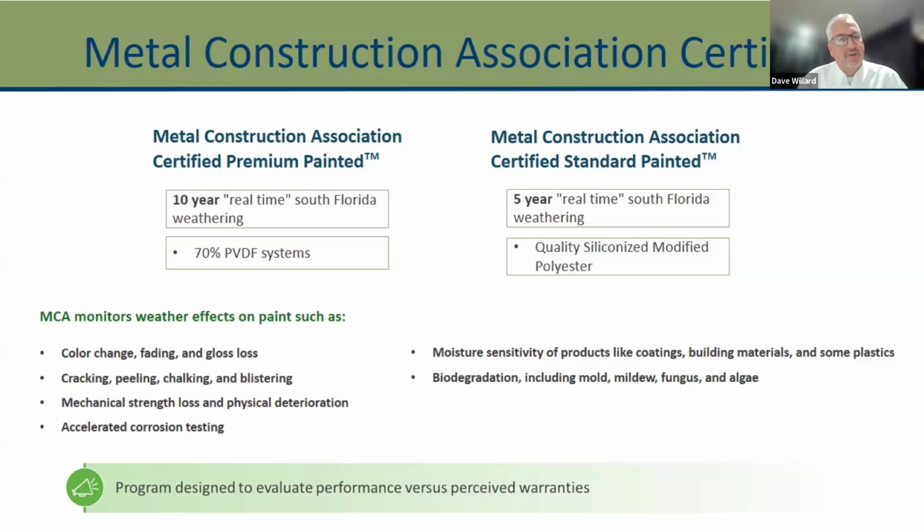If you remember, paint finishes sometimes have that chalking and blistering. Why does that happen and what causes it? They look at moisture sensitivity, and at biodegradation, including mold, mildew, and fungus. They look at a lot of different areas to make sure everybody is using the same methods and measures for their warranties, and not just what makes sense to them in small print.